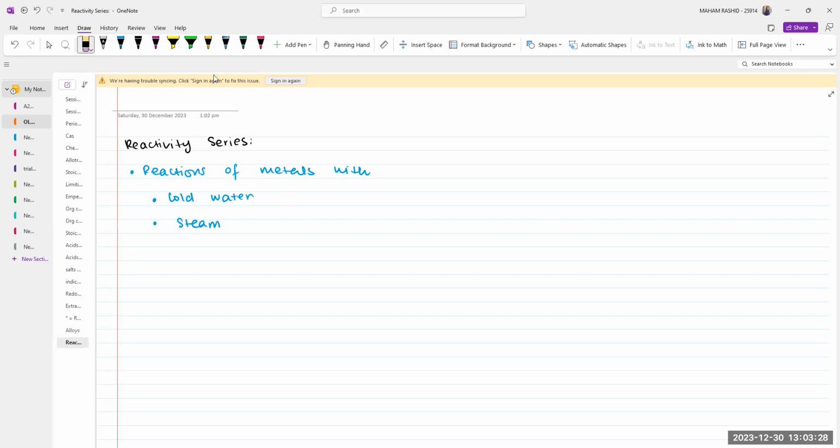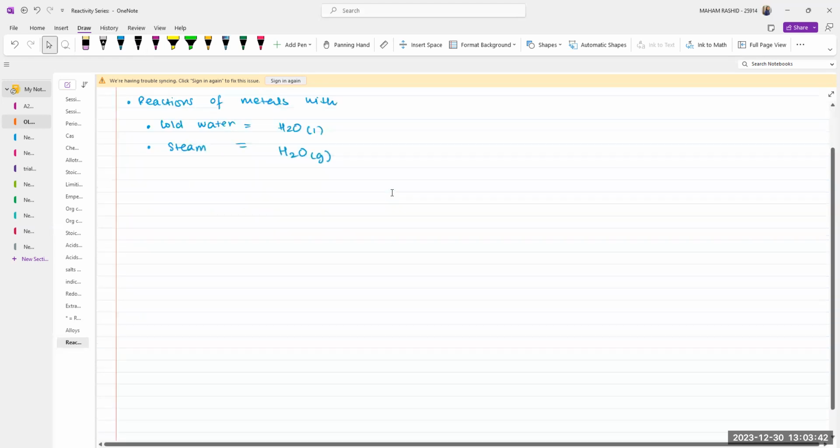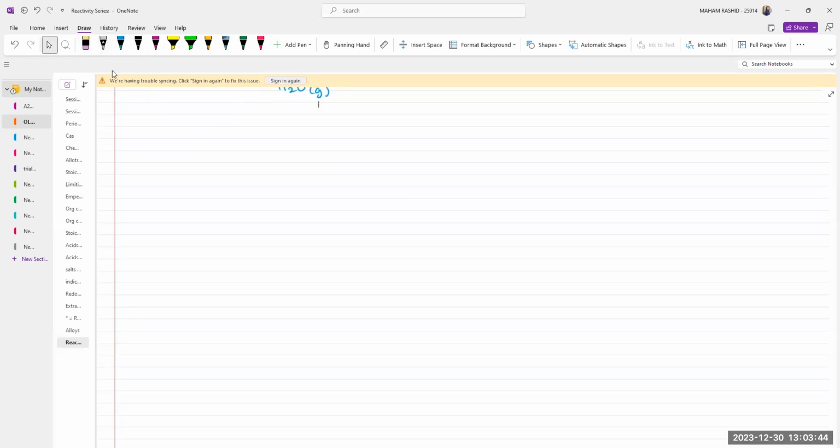So cold water in these equations will be denoted by H2O liquid, and steam will be denoted by H2O gas. So let's see what the reactivity series looks like.